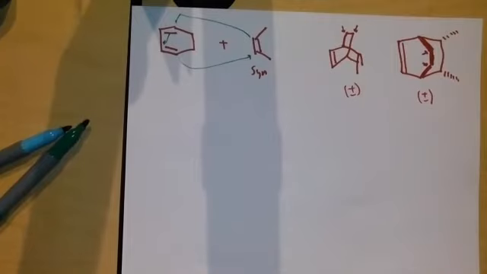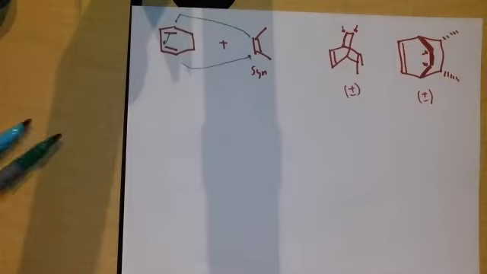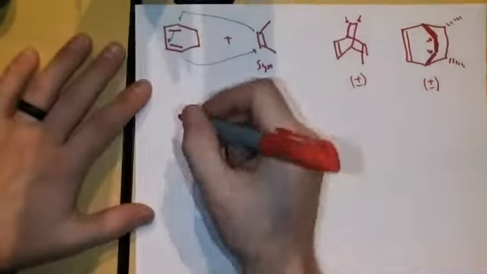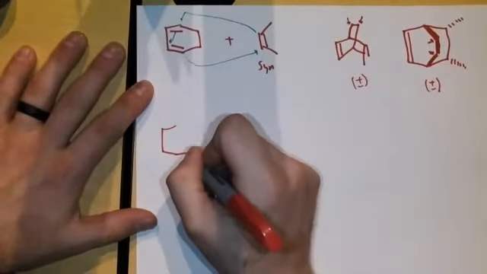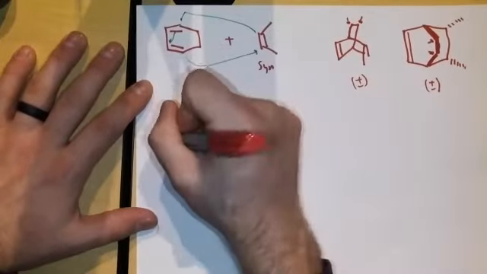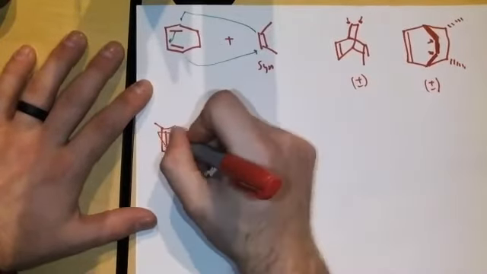Okay, so let's take it up a notch. We're going to add in some asymmetry. So we're going to end up with 2 different products. Oops.